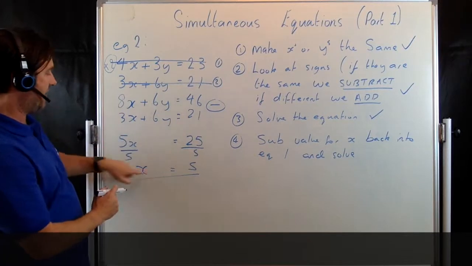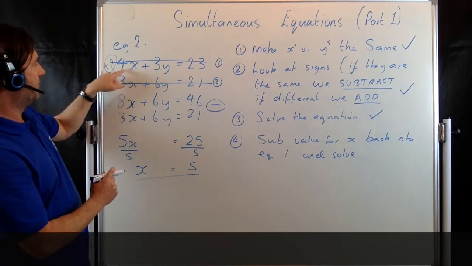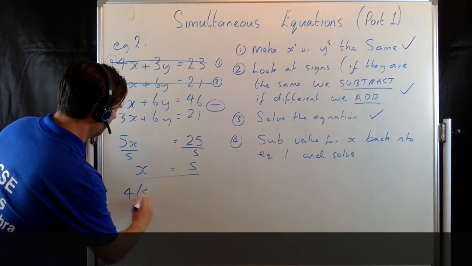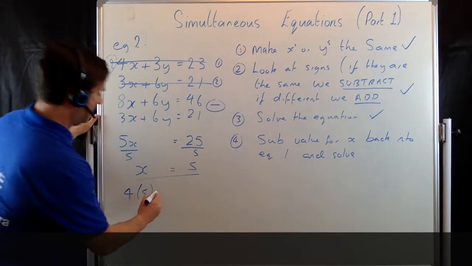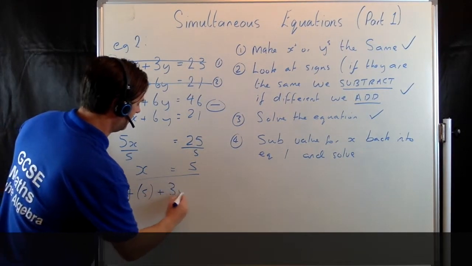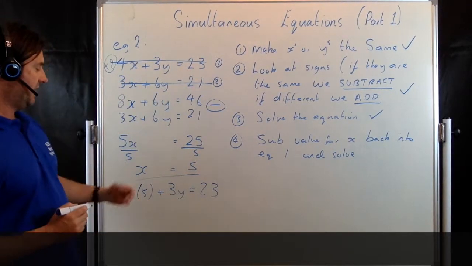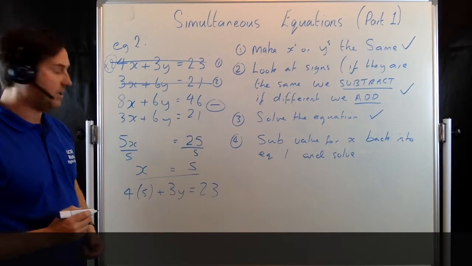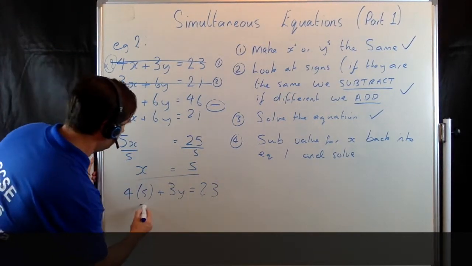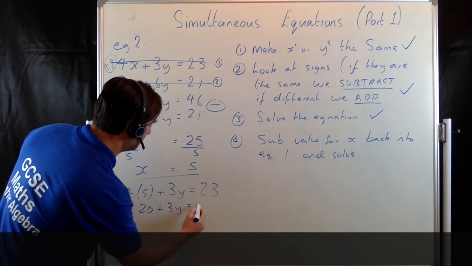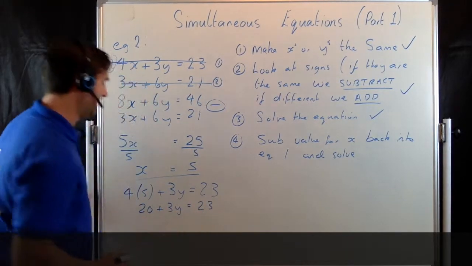So here, x is now 5. So 4 times x, we've got 4 times 5. I'm just going to put that in brackets. Plus 3y equals 23. And solve the equation. So 4 5s are 20. 20 plus 3y equals 23.